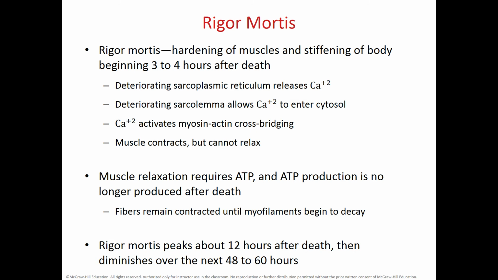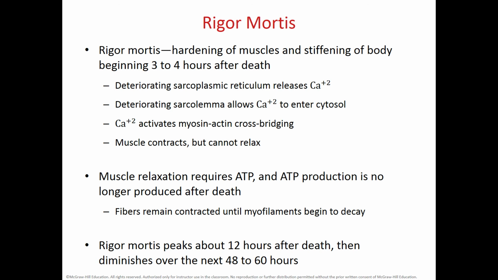So during rigor mortis, you cannot relax your muscles because you don't have more ATP available. So the heads of the myosin will get stuck into the actin binding site in actin, and then you cannot break this cross bridge.